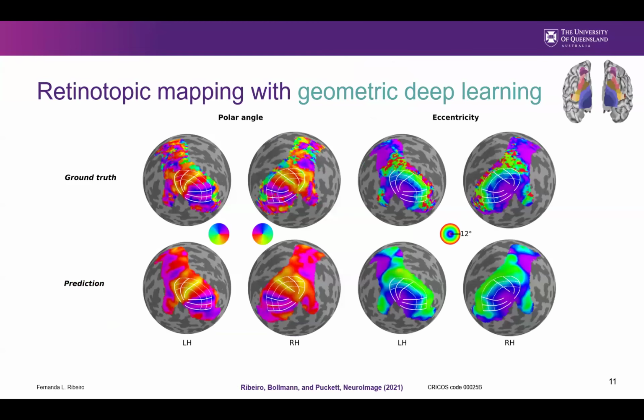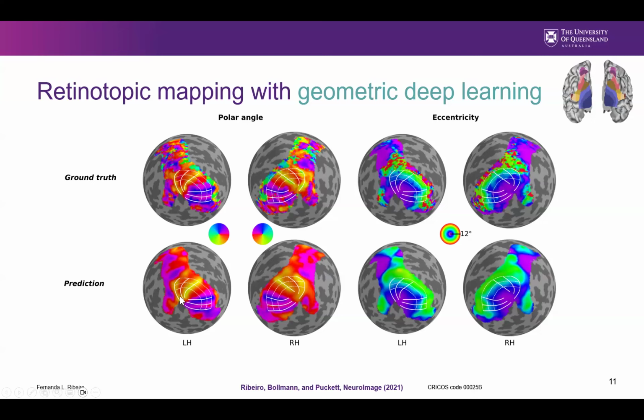And here is the performance of our model. So on the top row, we have the ground truth retinotopic maps for both left and right hemisphere, as you can see here, for one participant in our test set. And nice, I think you guys are already used to seeing retinotopic maps at this point. And in the bottom row, we have the predictions.